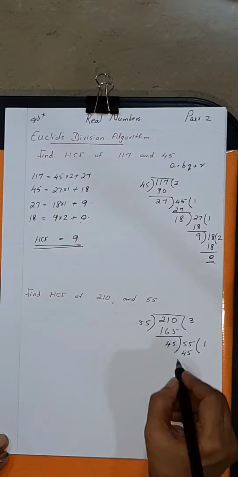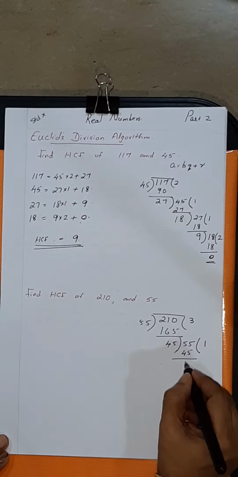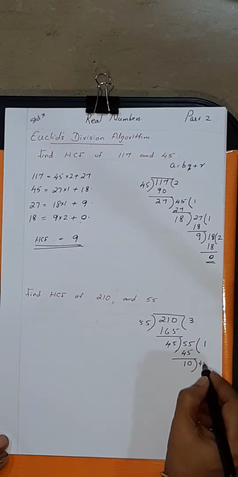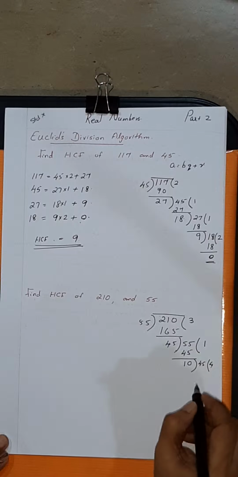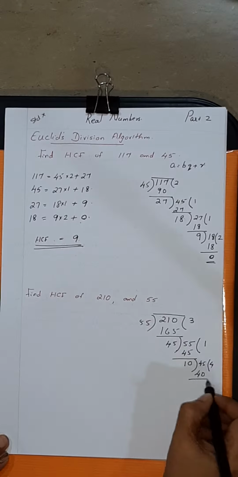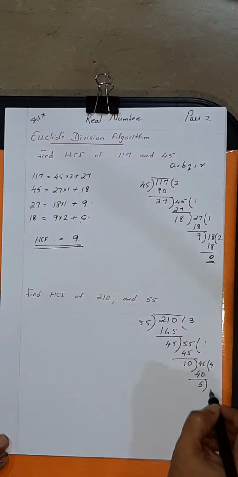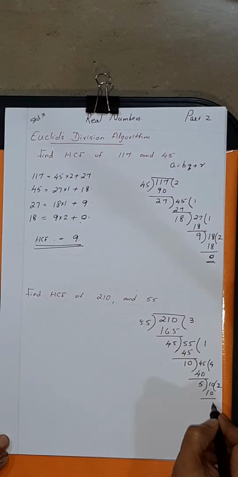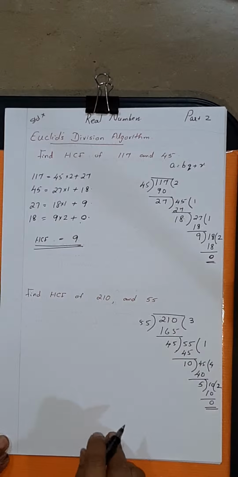Dividing by 45, you get 1, so you get 10. Bring 45 here. 4 times 10 is 40, you get 5. Again bring this 10 down, you will get 2. So your remainder is 0.